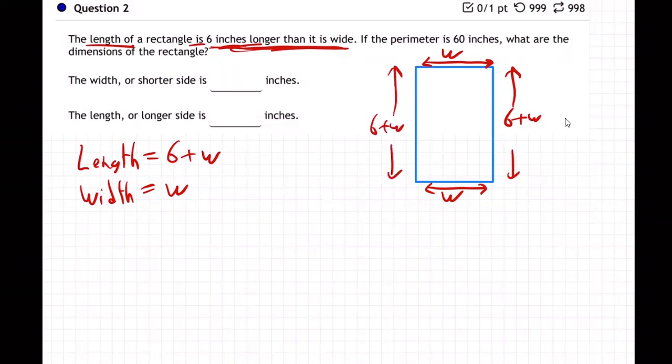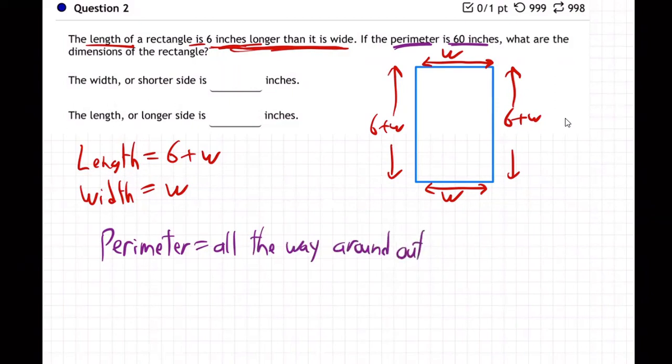And then they're saying the perimeter is 60. Now, how do you do perimeter? Well, perimeter means all the way around the outside.